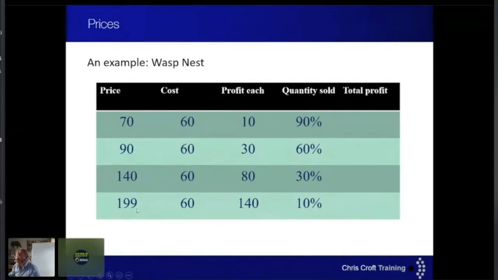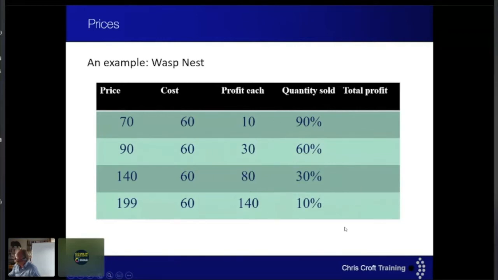And by the time you get to 200 quid, you're only going to sell 10%. You're going to get the occasional weirdo or the occasional person who's desperate. Maybe they've got a barbecue starting in an hour's time and their boss is coming to the barbecue and they've just got to get rid of the wasps or something. And so you'll probably sell a few at that price. And there'll be some sort of percentage like that.